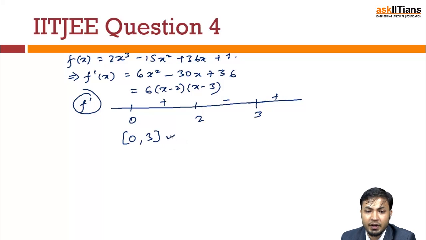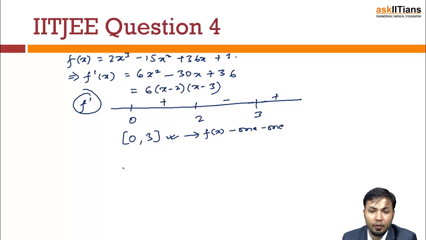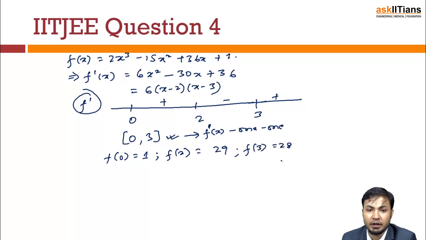So in this case, this tells me that my function is not one-one. My f(0) is equal to 1, f(2) will be equal to 29, and my f(3) will give me 28. Just solve this. So the range becomes 1 to 29, right, in the given question.